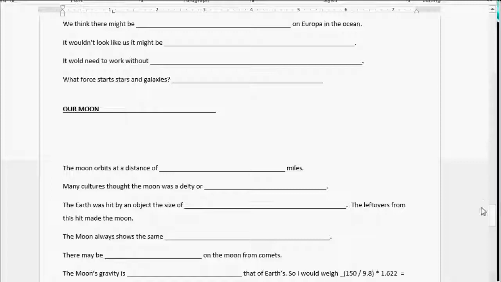So you would be 24.8 pounds on the moon. Okay, so you divide your weight by 9.8, which is Earth's gravitational constant, and then you multiply that by 1.622, and you should come up with, if you start with 150, 24.8, or 25 basically. Okay, that's how you do that.